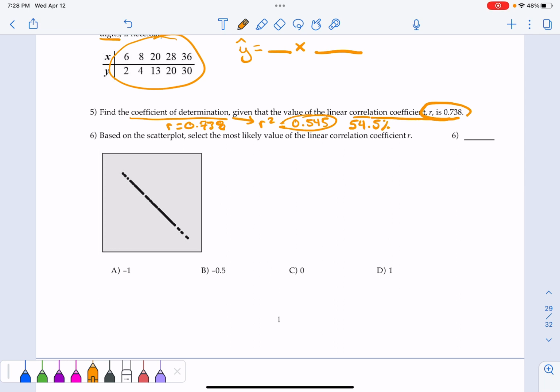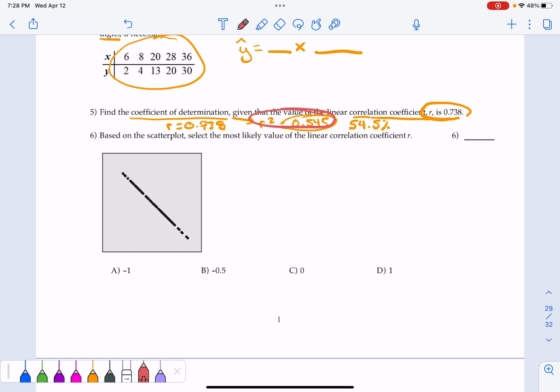The rest is just outliers that are not really following the linear pattern, which doesn't seem like a very high percentage to me. But again, the more data values you get in there, the more random things are going to happen. So 54% of my data can be explained by a linear pattern is what we can conclude. But really, the coefficient of determination is just this 0.545, okay?